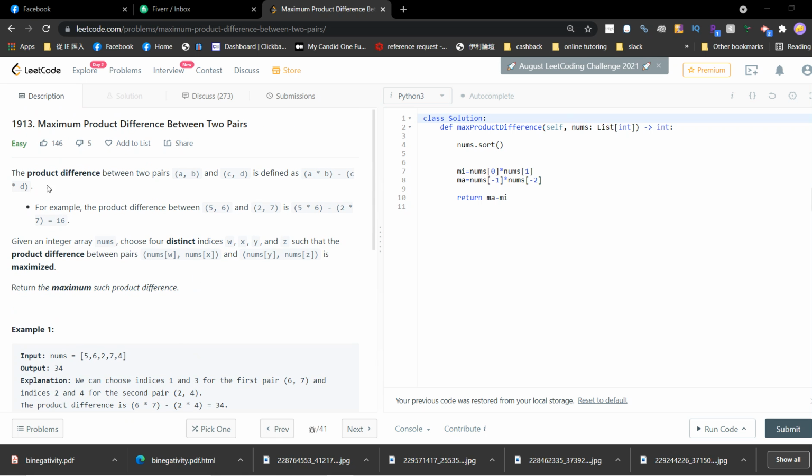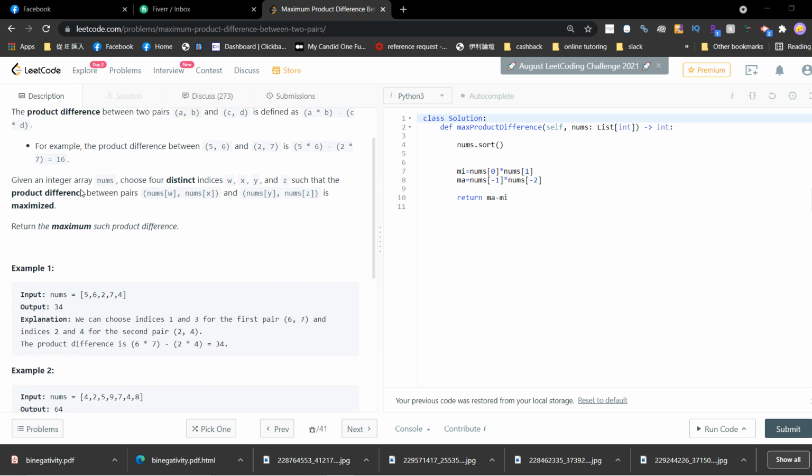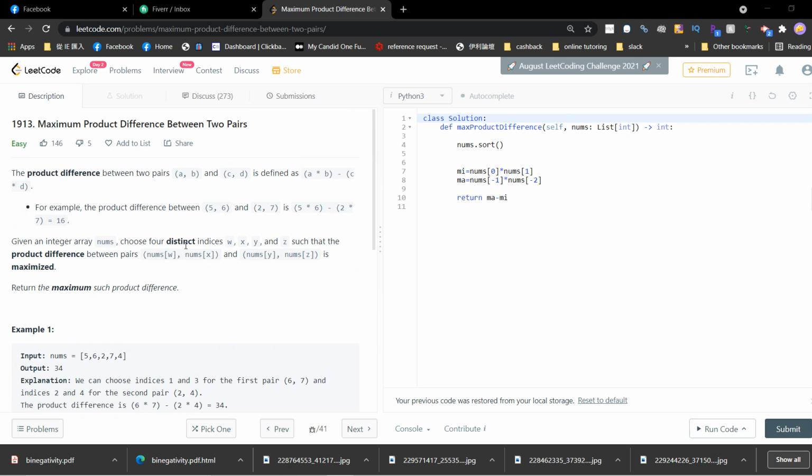So you know that in order to make the product difference as large as possible, you need to pick up the two numbers whose product will be the maximum. So obviously the easy idea is that you first sort nums, and then you pick the minimum to be the first two, right?